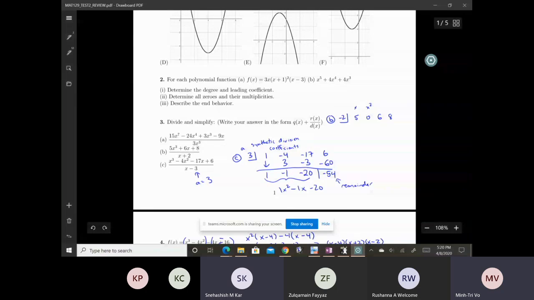I'm just showing you where the numbers are coming from. So the 5 was for the x cubed. The 6 was for the x. And the 0 is for the x squared. And then the 8 is by itself. But when you do it, you don't need the x's at the top. I'm just showing you where the numbers are coming from.